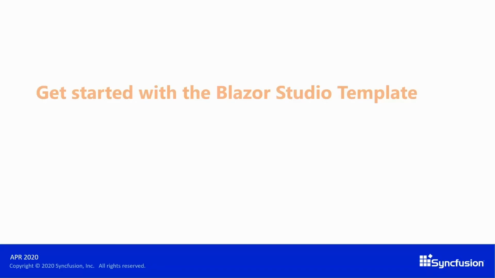For this Volume 1 2020 release, we have introduced the new Visual Studio extension for Blazor in the name of Blazor Template Studio. So this is a Visual Studio extension. Once you install this extension, you will get pre-built templates in your project wizard.